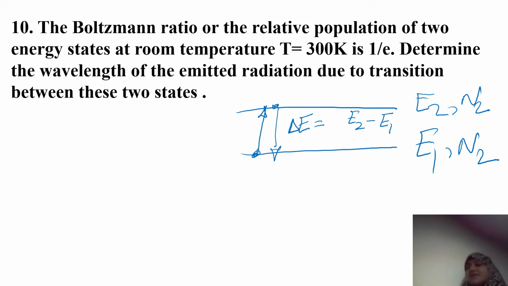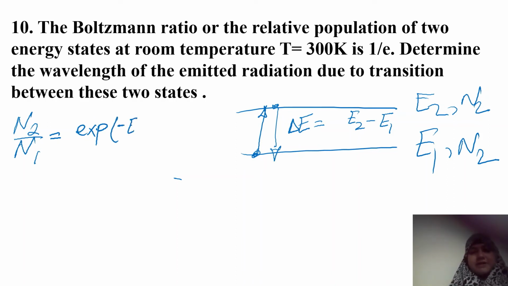So what is the Boltzmann formula that we'll be using over here? We'll be using N2 by N1. What is N2 by N1? It is equivalent to the exponential of minus (E2 minus E1) divided by kBT.